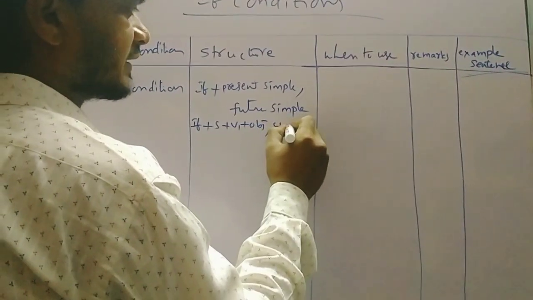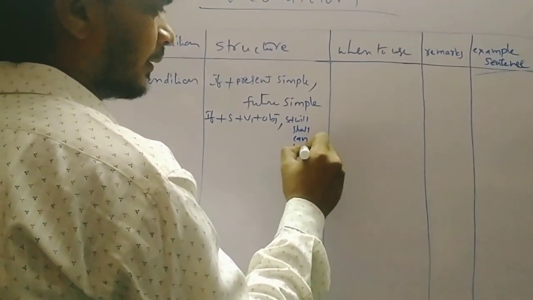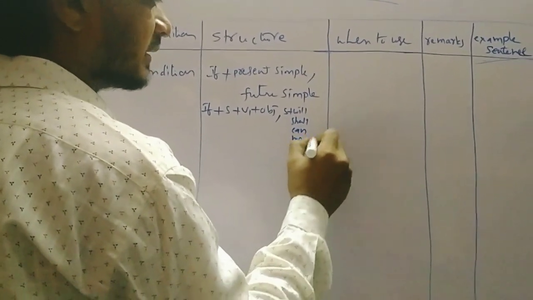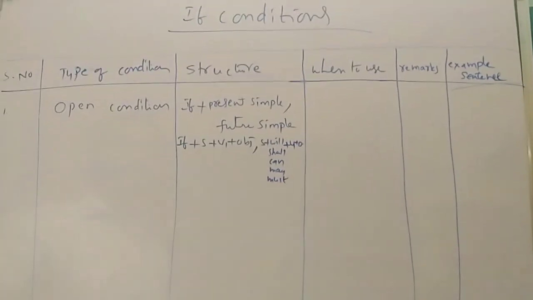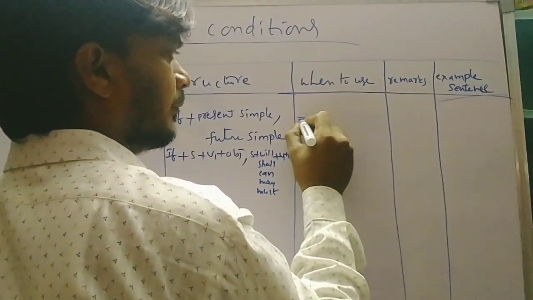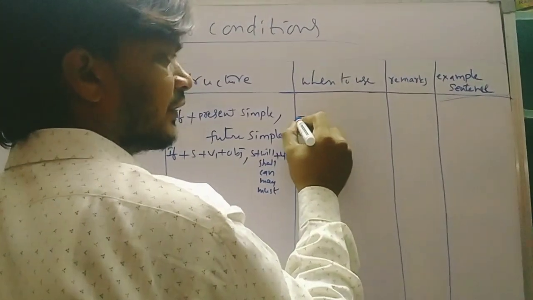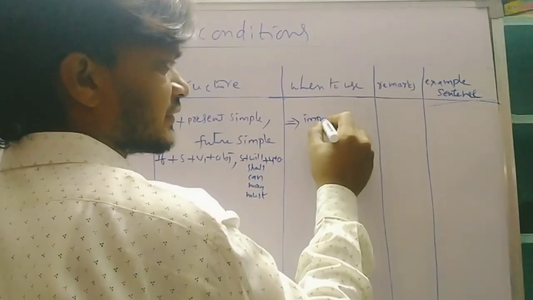Future simple structure is subject plus will, shall, can, may, must plus V1 plus object. When to use? If we have a question, if we have an imperative sentence.